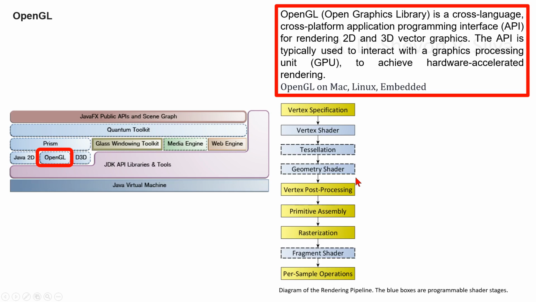Vertex post-processing. After the shader based vertex processing, vertices undergo a number of fixed function processing steps. Transform feedback: the output of the geometry shader or primitive assembly is written to a series of buffer objects that have been set up for this purpose.